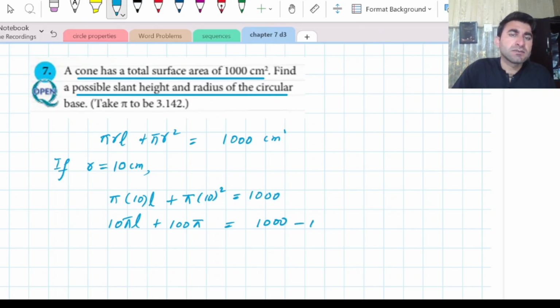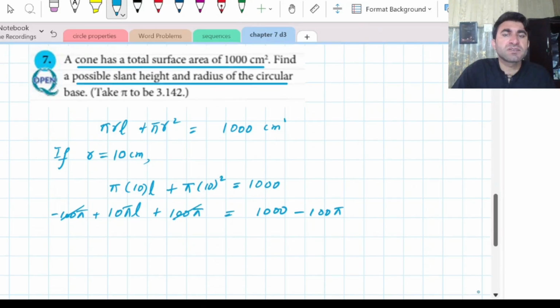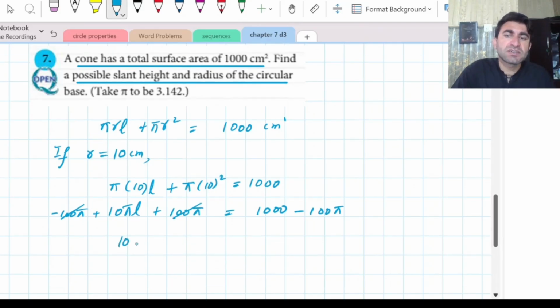So let us subtract 100 pi on both sides in order to cancel out the 100 pi on the left hand side. So we are left with 10 pi l equals 1000 minus 100 pi, and then we will divide both sides with 10 pi, because we need the value of slant height l.